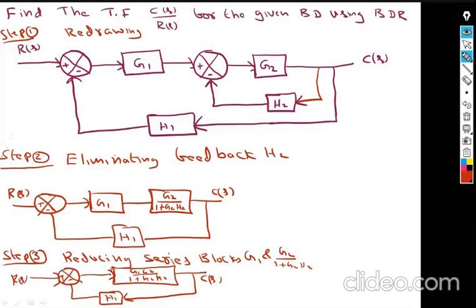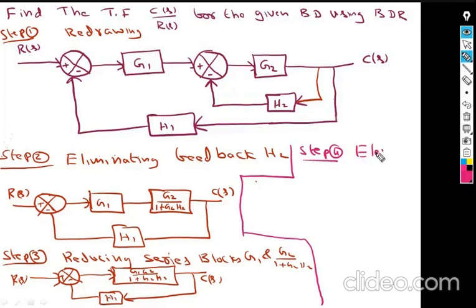Now finally, let me take another ink. The last step I can write here as step number 4. So step 4 is, if you observe, this block and this block are both in feedback, so I can write eliminating feedback.